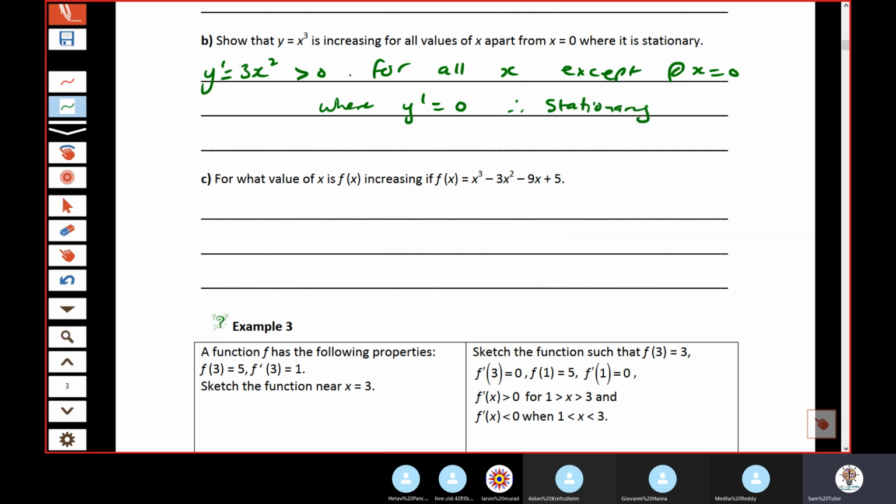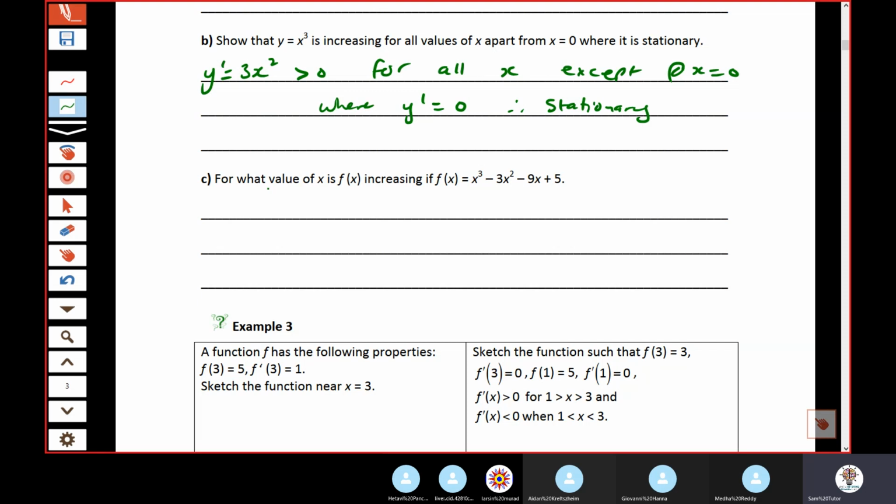So 3x squared is greater than 0 for all x except where y dash equals 0, which means it's stationary. Make sense? No matter what you sub in for x, like 1, 2, -1, -2, it'll always be greater than 0. It'll always be positive. Good. Pass.